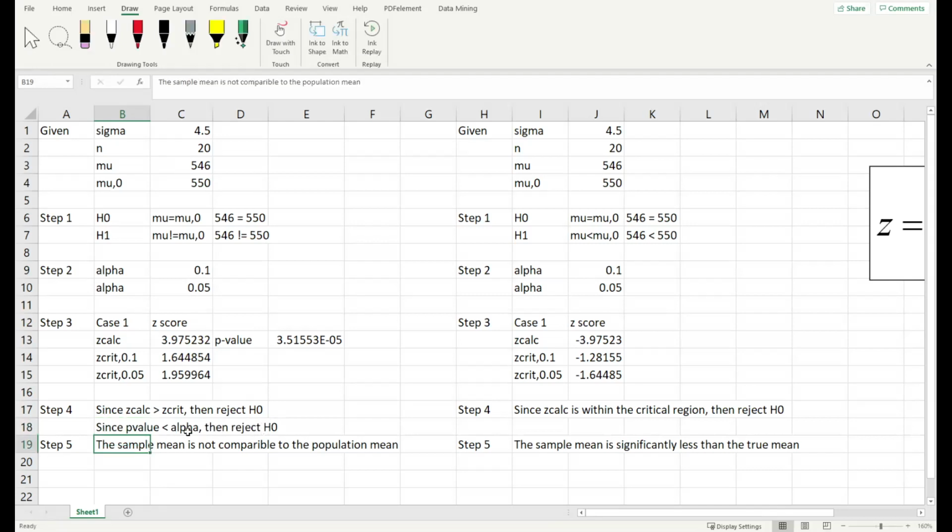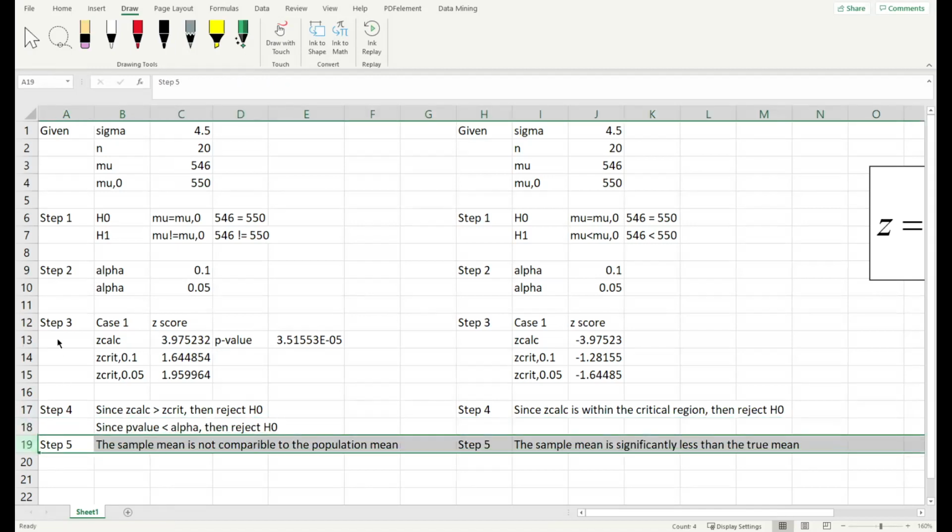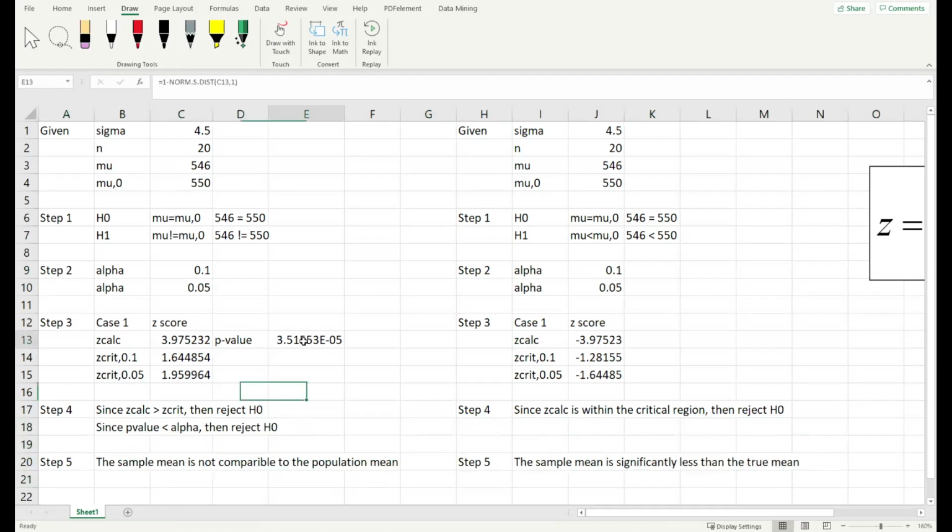And ang maganda sa p-value is you don't care kung ano yung direction niya. Kasi yung p-value is always positive, area kasi to, so it's always a positive value. Then therefore this relationship holds true always, no. Kung less than siya than the alpha value, then we reject.